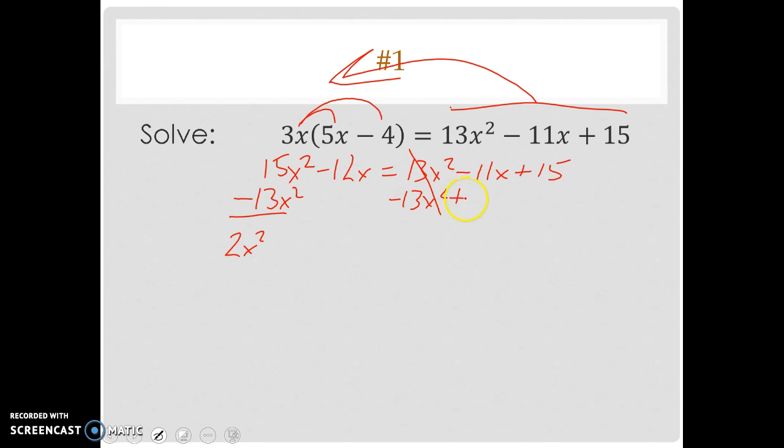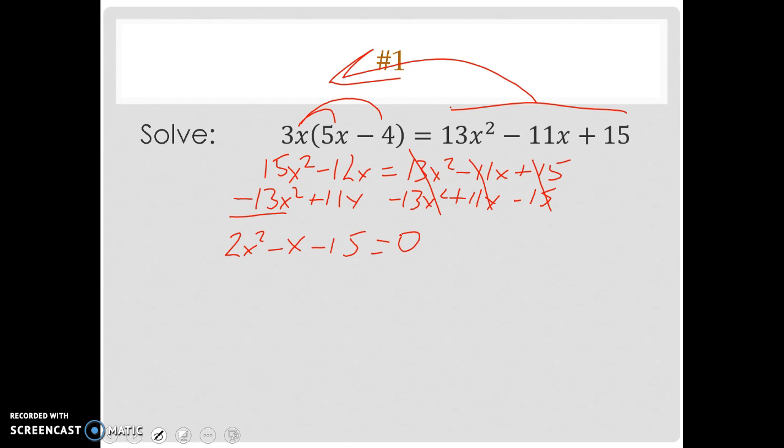Then I'm going to add 11x to both sides. So these will cancel each other out, but then negative 12x plus 11x is negative x. And then I'm going to subtract 15 from both sides. So this cancels out, and I'll just subtract 15 from this side. So now it's equal to 0.